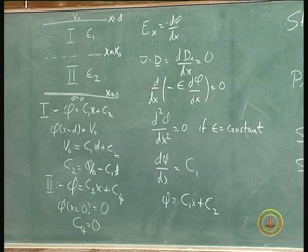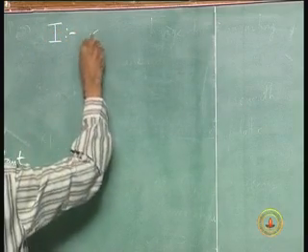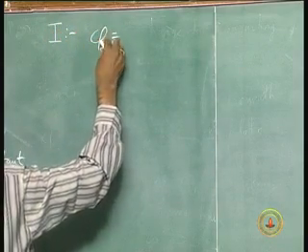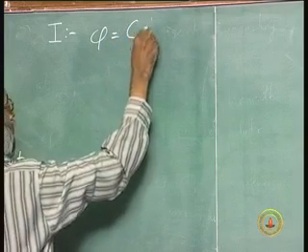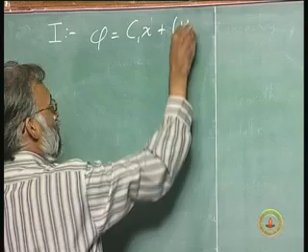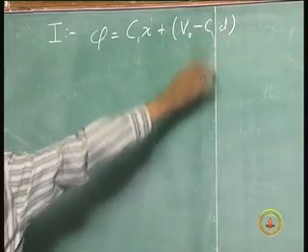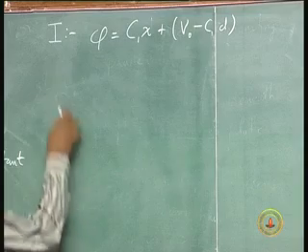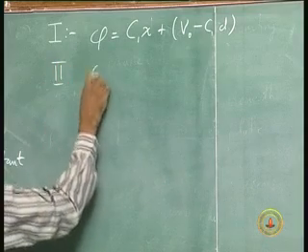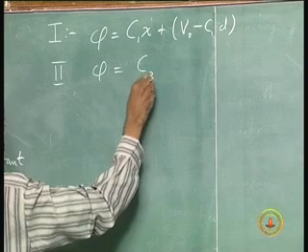So, now what do I have? Let me summarize. In region 1, I have phi is equal to C1x plus V naught minus C1d. This is C2. And in region 2, I have phi is equal to C3 into x.